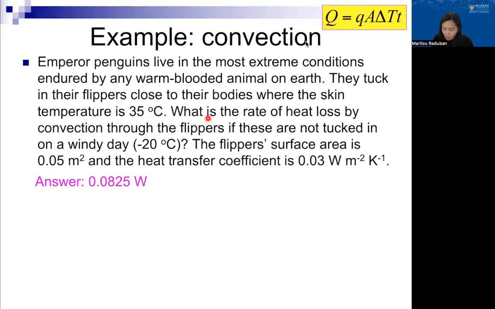What is the rate of heat loss by convection through the flippers if they are not tucked in on a windy day and the temperature of their environment is negative 20 degrees Celsius? The surface area of the flipper is 0.05 meters squared, and the heat transfer coefficient is 0.03 watts per meter squared per Kelvin.